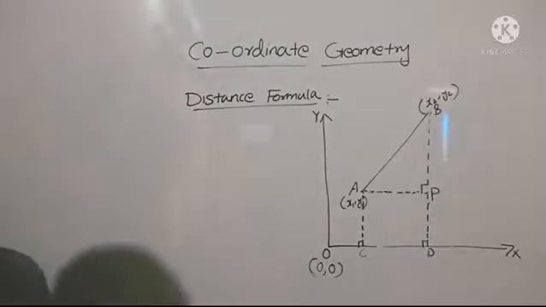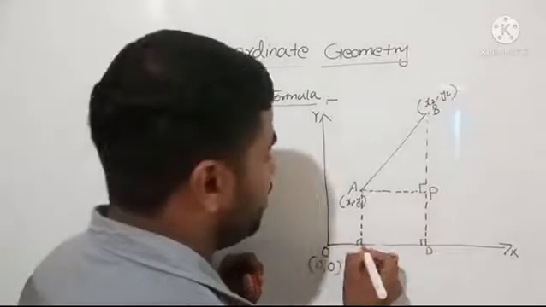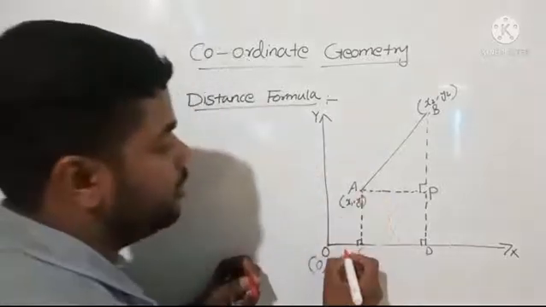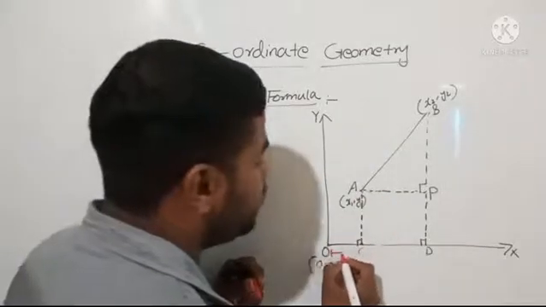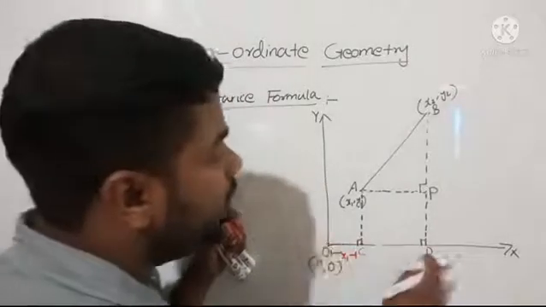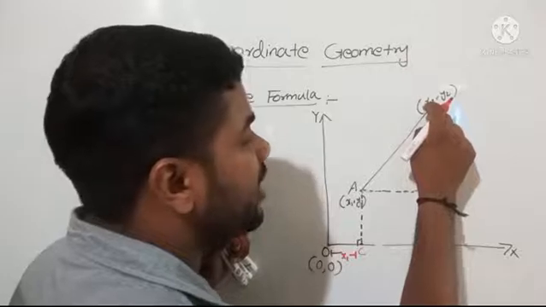Now the distance OC is x1, and the distance OD is x2.